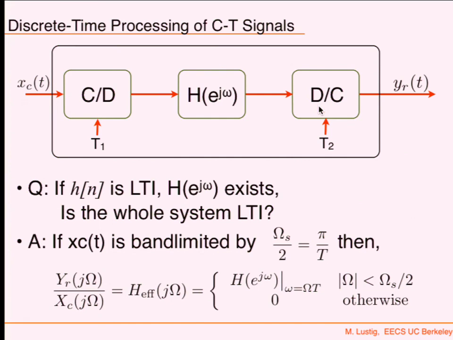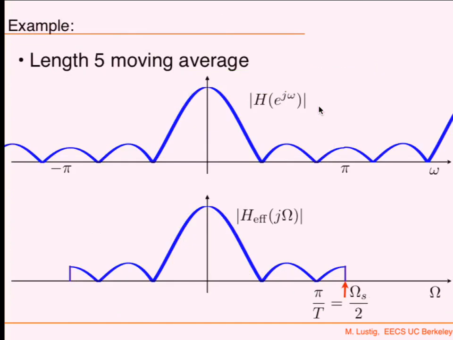And its frequency response is going to be related to H(e^jω) by ω equals capital Ω times T. So, for example, if I have a digital frequency response of H(e^jω) that looks like this, of a 5-length moving average filter, it is periodic from minus pi to pi, right?